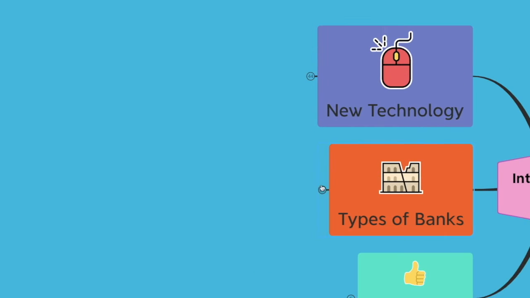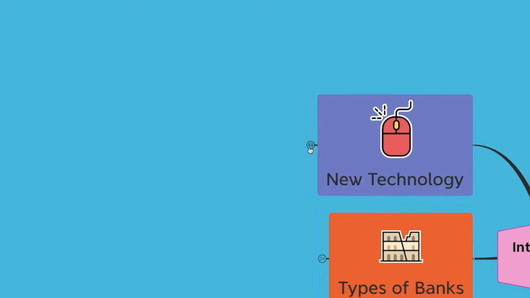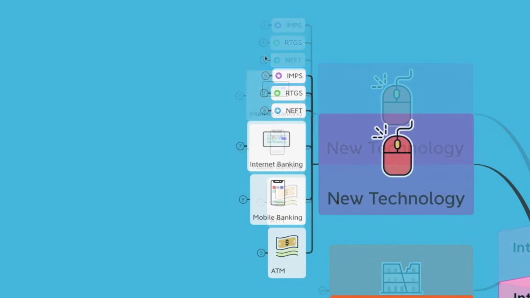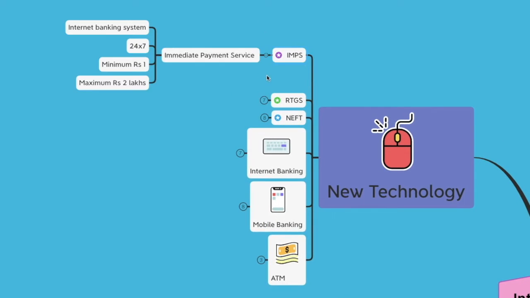And finally, let's look at the new technology that is developed in the banking system. The first one is IMPS. So what's the full form of it? It's Immediate Payment Service. This is all part of the internet banking system. So you can use it from your phone as long as you have internet.